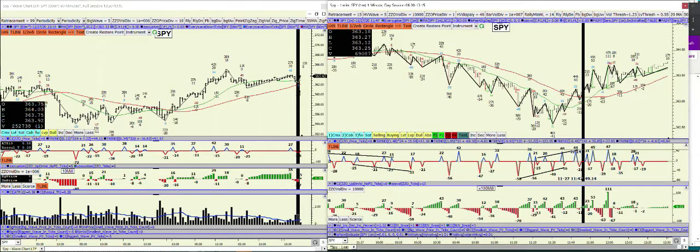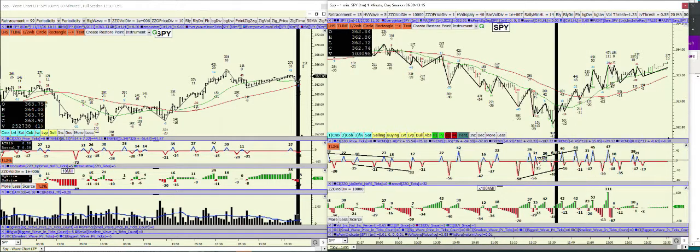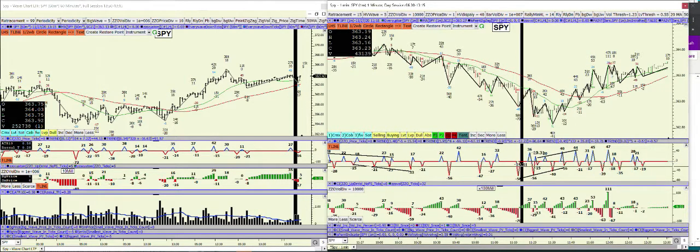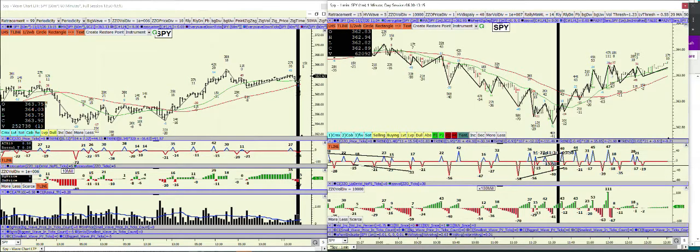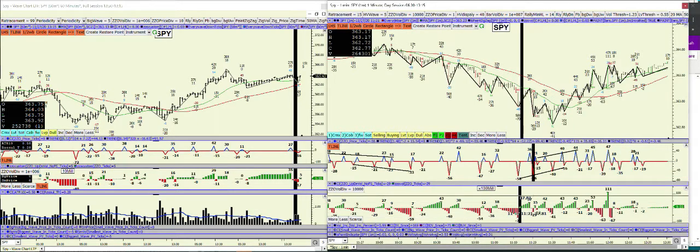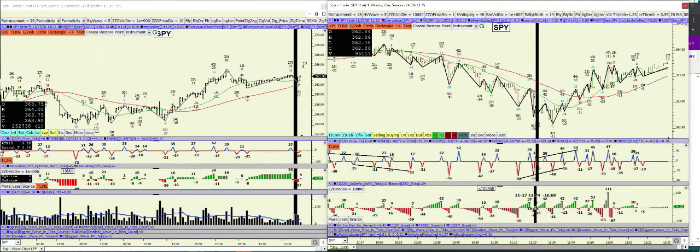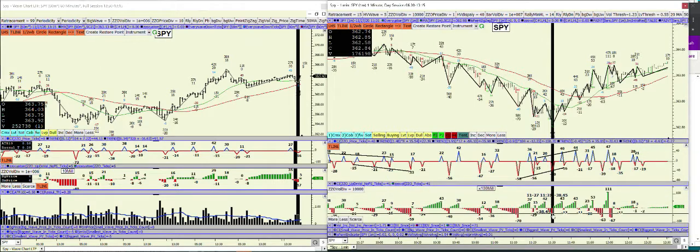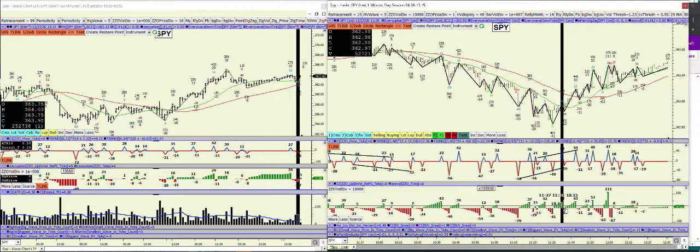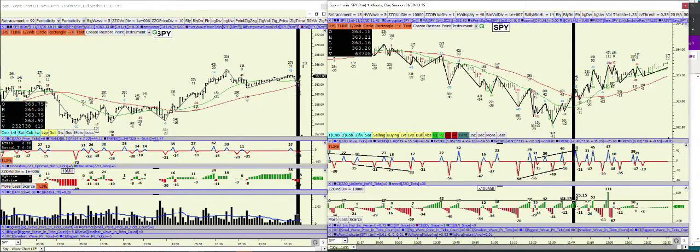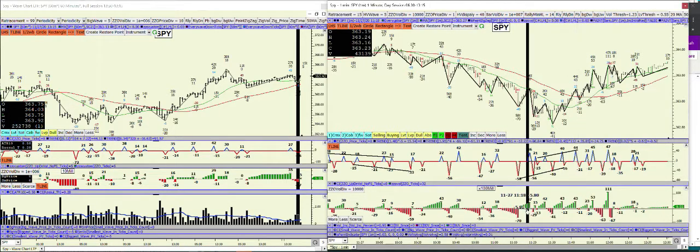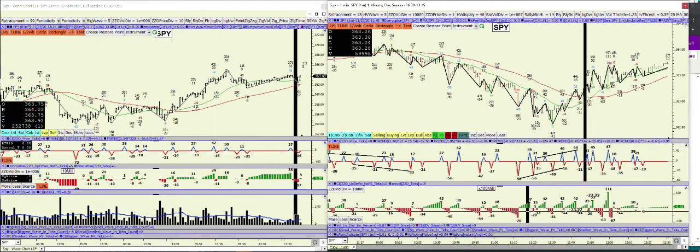So it's very telling. Now the second thing you have to do, while you're observing this behavior, is make sure that the volume is confirming. So here you see 37 up, 29 down, 42 up, 41 down, 43 up, 12 down, 44 up, 11 down. Obviously, the up waves are stronger than the down waves.